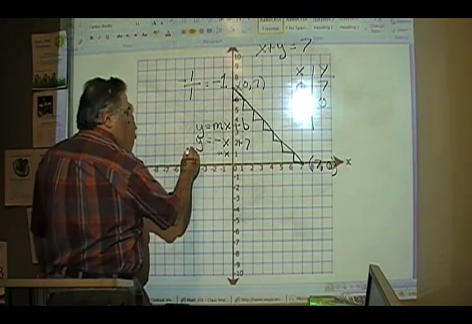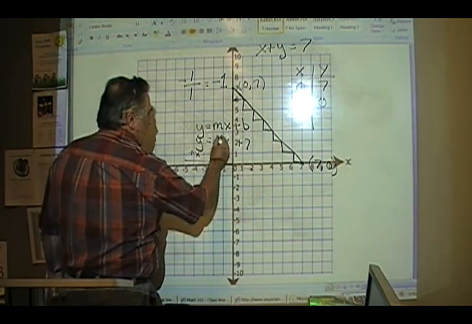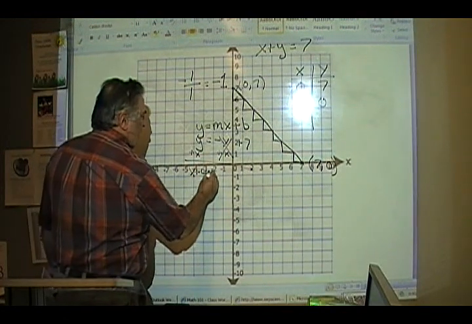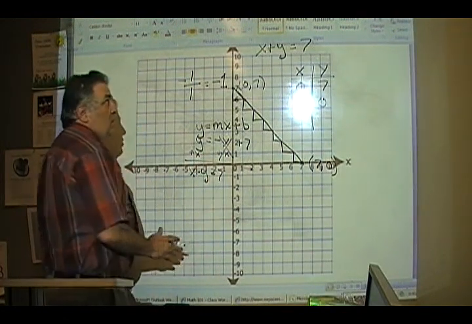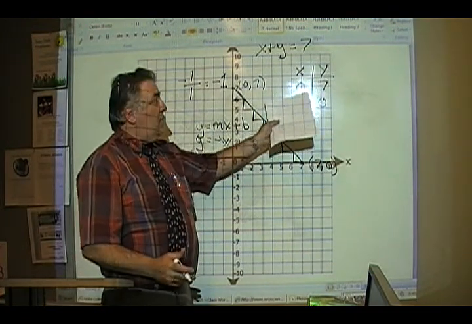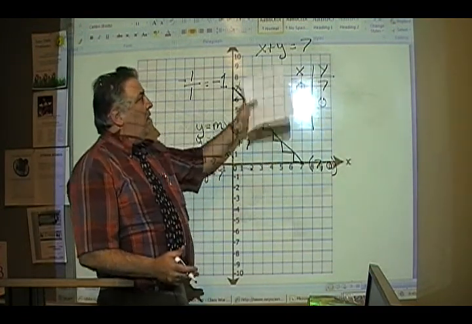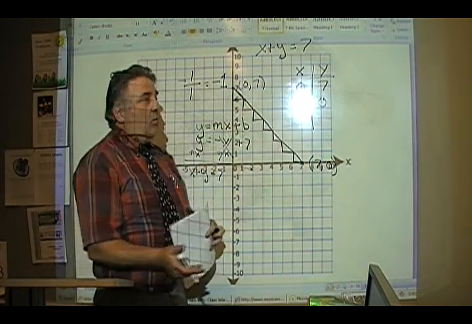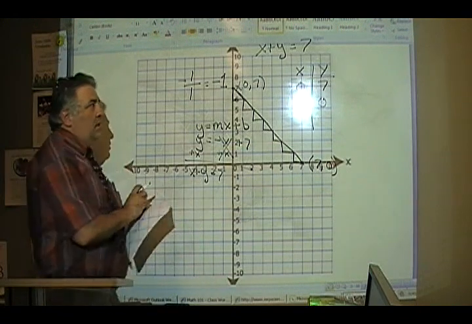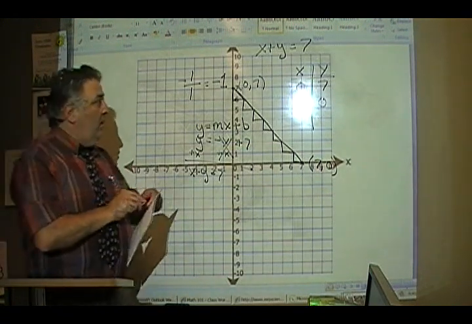I add an x to each side. So that would cancel out, and that would give me x plus y equals 7. So you can look at your data set and say, okay, 0 plus 7 equals 7, 7 plus 0 equals 7, so then x plus y must equal 7. Or you could do it this way here. In either case, you're going to come up with an equation for that line.